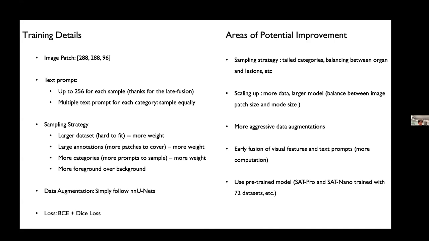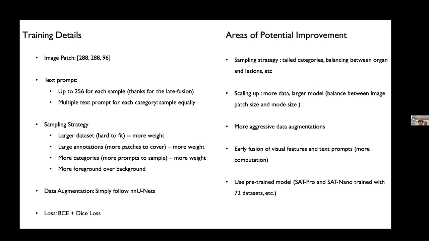Thanks to the late fusion strategy, we only have to forward the vision encoder once for each training sample, so you can use quite a large number of prompts. And because we want the model to handle different text prompts for the same categories, we simply sample them equally here.